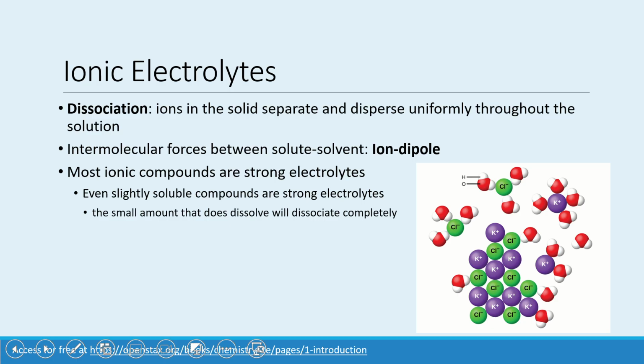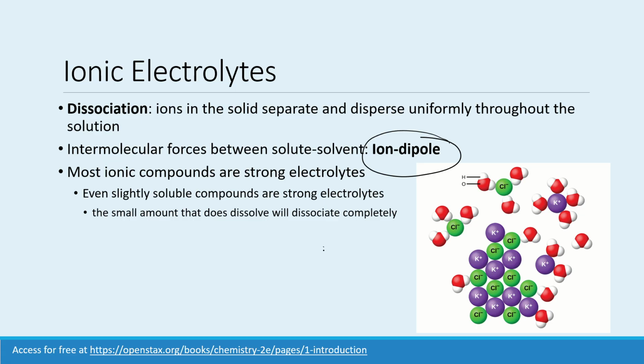So ionic electrolytes, again, just review from what we've already talked about. They are going to disassociate, which means that they will separate into their ions. And the intermolecular force between the solute and the solvent is ion-dipole attraction, right? So remember that water is considered polar.